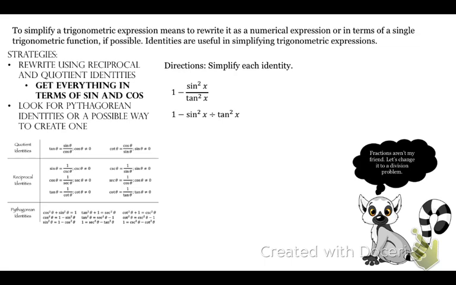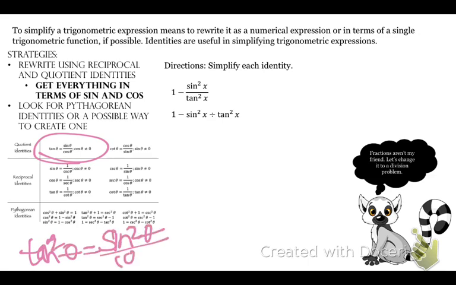Anytime you have a fraction, actually, if it starts as a fraction, rewrite it as a division problem, and it is a little bit easier. Okay, so tangent, now let's get it in terms of sine and cosine. Tangent is sine over cosine, so that means tangent squared of theta must be sine squared over cosine squared.